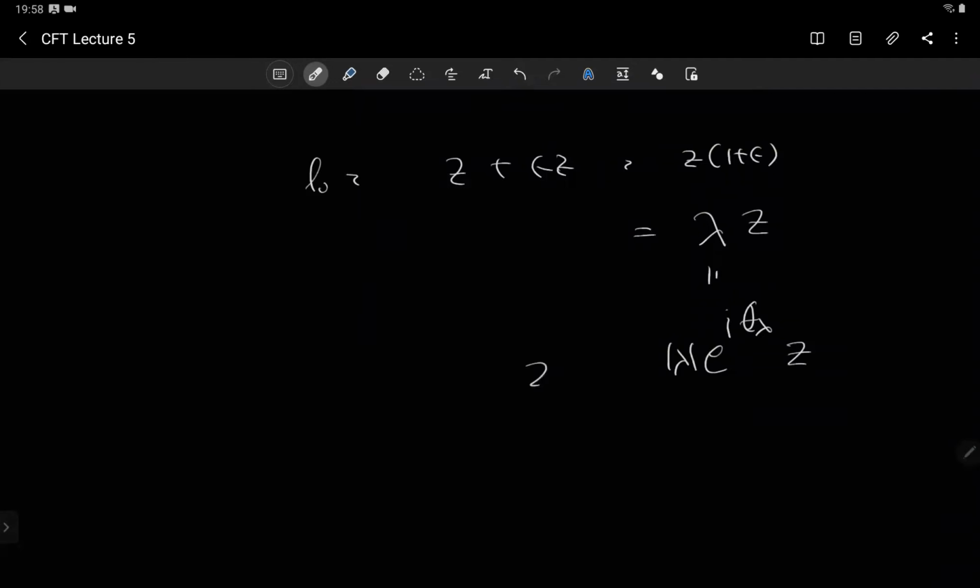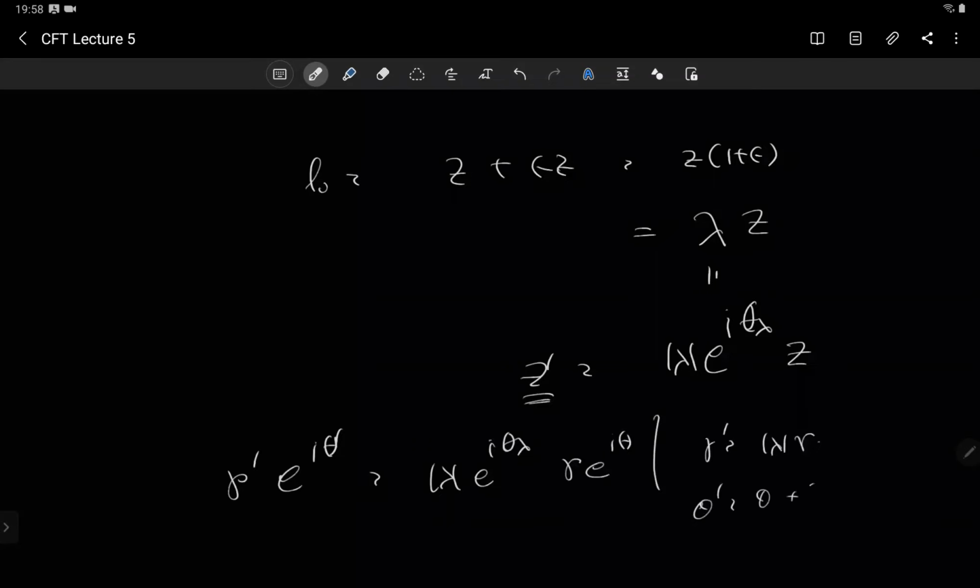And so this is z prime. This means r prime e to the i theta prime equals mod lambda e to the i theta lambda, where r prime, theta prime are the polar coordinates of z prime. If I write the polar coordinates of z as r e to the i theta, I can immediately say that r prime is mod lambda times r, and theta prime is theta plus theta lambda, right?